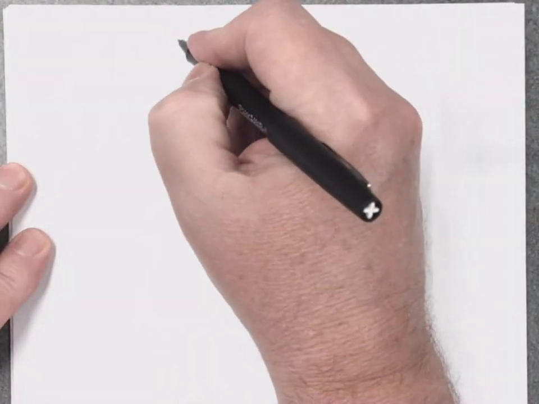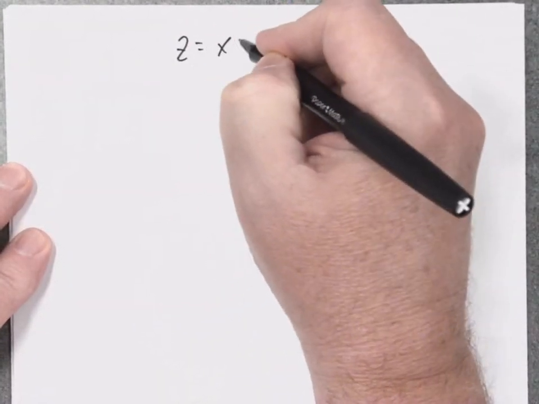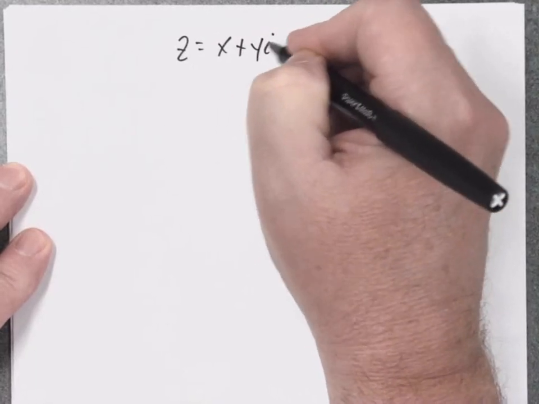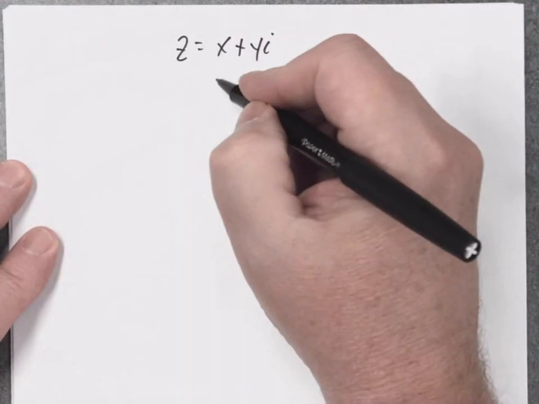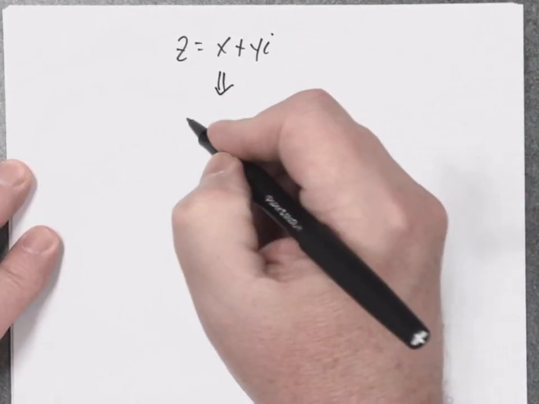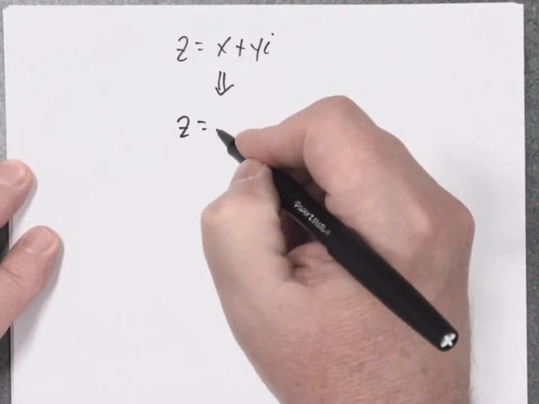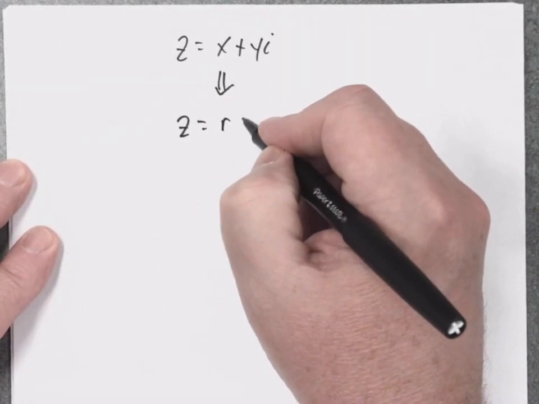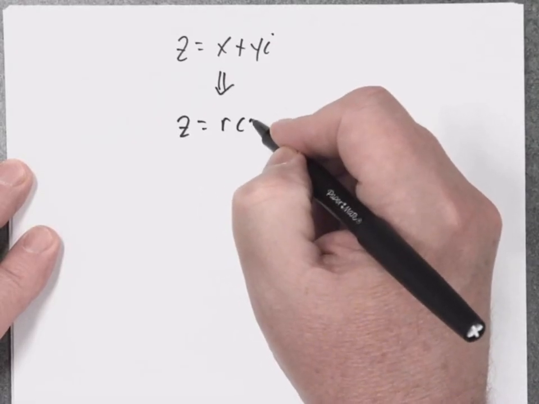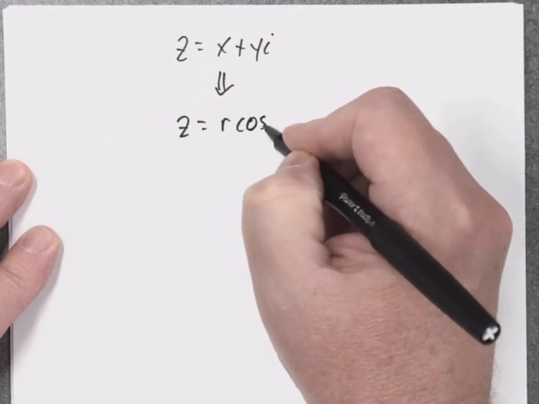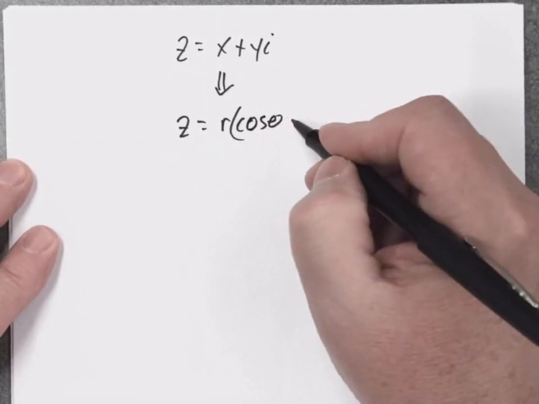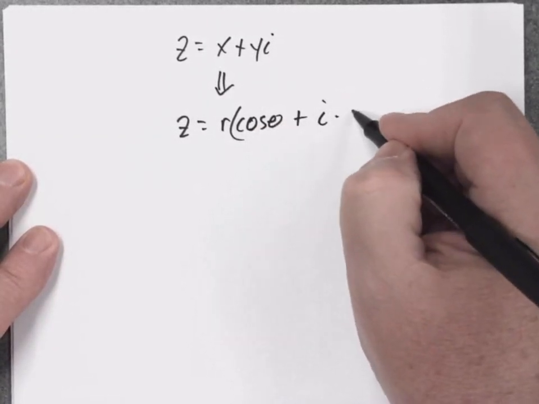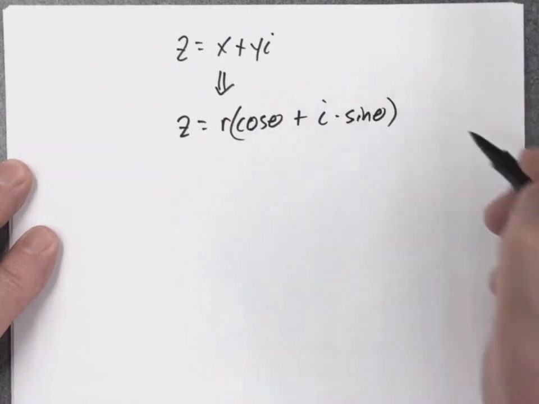So here is a complex number in rectangular form, x plus yi, and I want to rewrite it in what we call trigonometric form: r times, in parentheses, cosine theta plus i times sine theta.